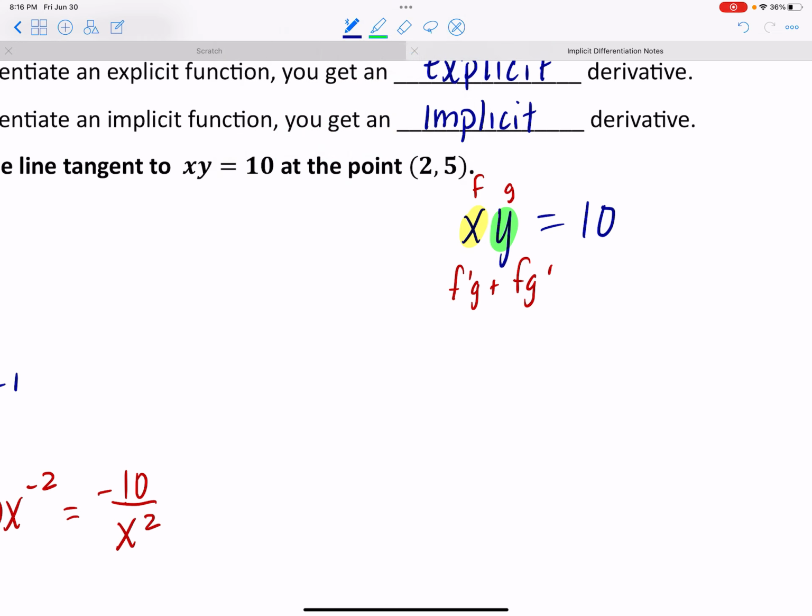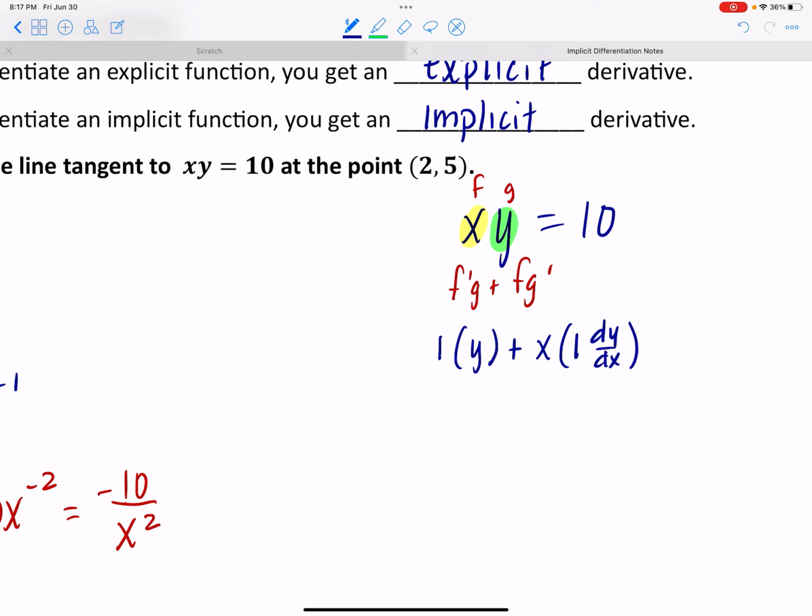So my derivative of x would just be 1. And I'm going to multiply by g, which is y. And then f, which is just x. And then my derivative of g. When I take the derivative of y with respect to x, it'd be just like taking the derivative of x. The derivative of x would be 1. So the derivative of y is going to be 1, but because it's not an x, we're going to multiply by dy dx. So it's not just 1, it's 1 dy dx.